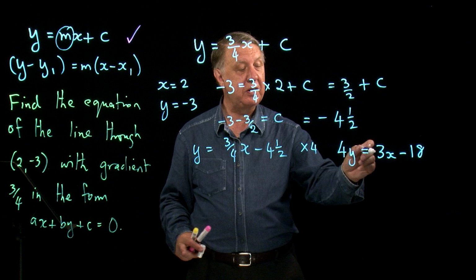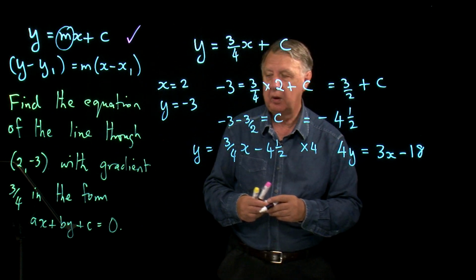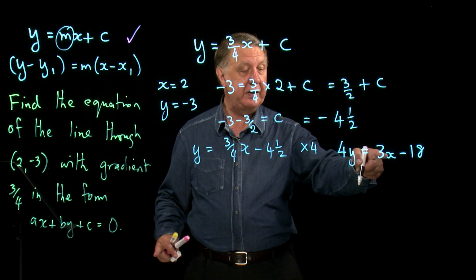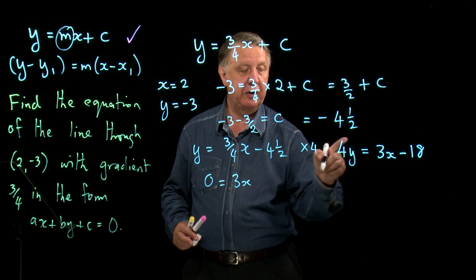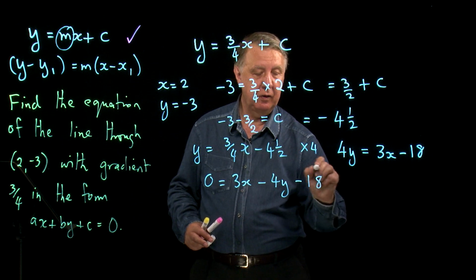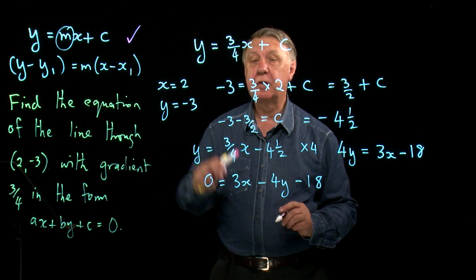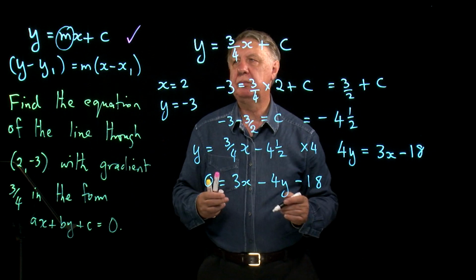If you leave it like that, you won't get full marks on the question. Notice this wants to start with ax, so we're going to leave the 3x on this side. We're going to take away 4y and then the minus 18. So that is in the form. Okay, so that's method 1.